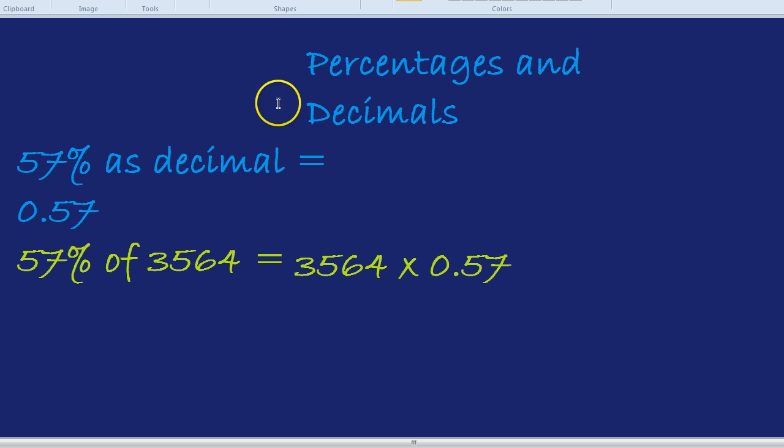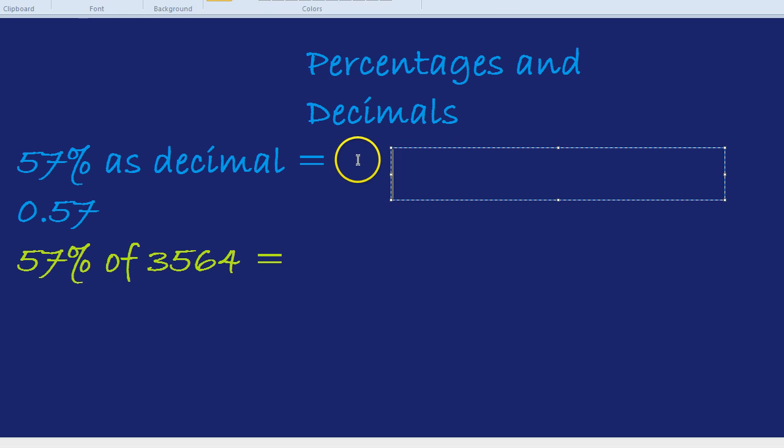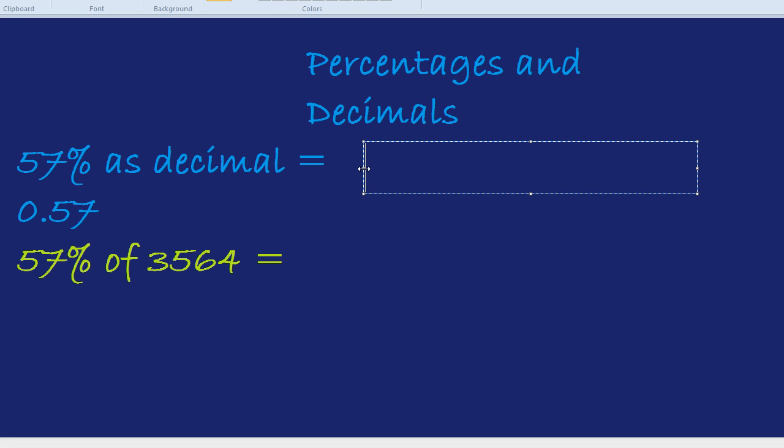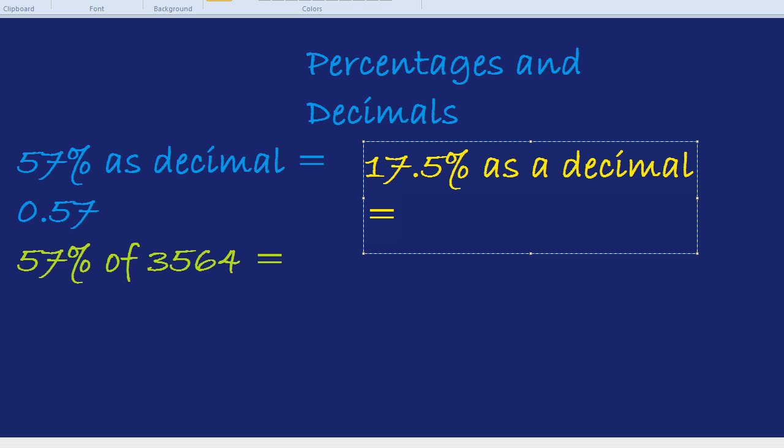Let's say, just to get us more space, I'm just going to take away some of that we've written. What if they asked us to find out 17.5% as a decimal? Well, you might think that's harder because it has the 3 numbers, but it's exactly the same as before, except we added a 5 on the end.